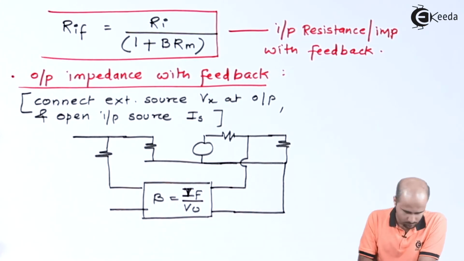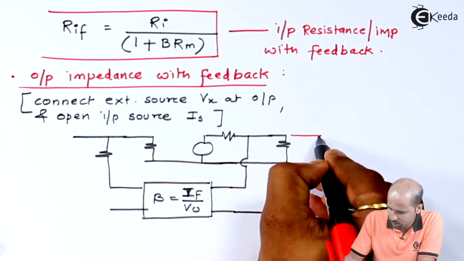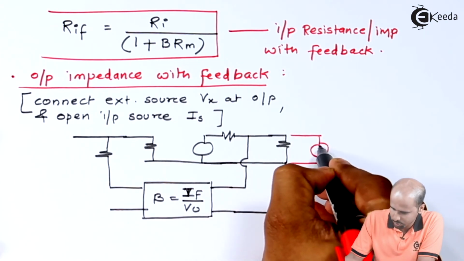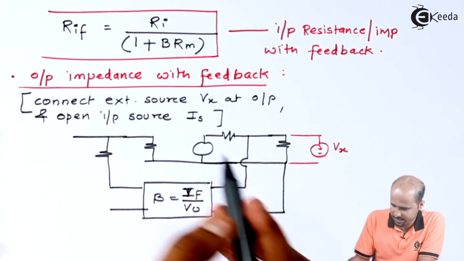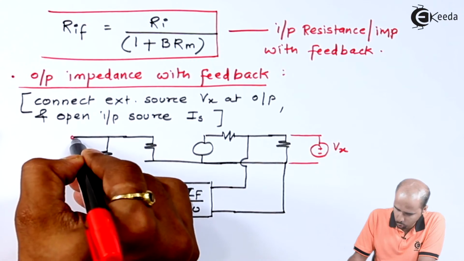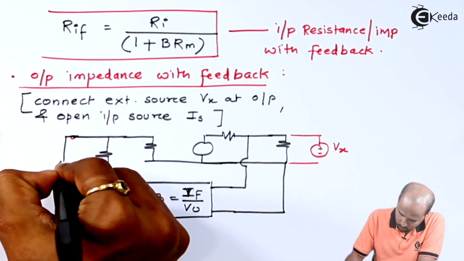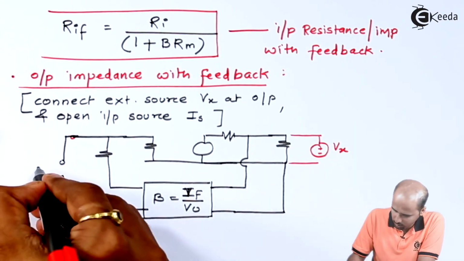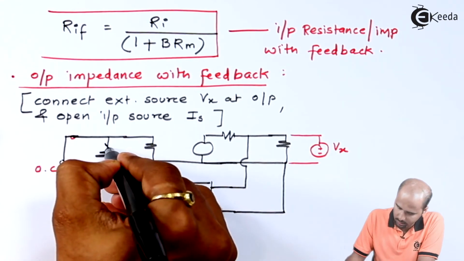What I have to do is make this change, plus minus Vx. And next we have to open this up. Here we will say open circuit. This is the current. What is this current?